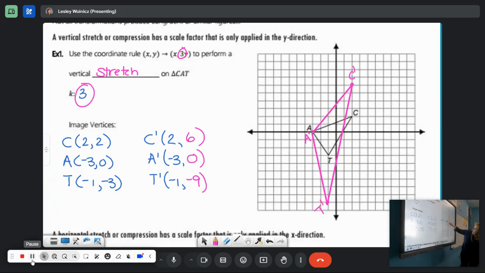Super weird looking. Okay. Obviously, this is not congruent or even similar. It got stretched away from the x-axis.